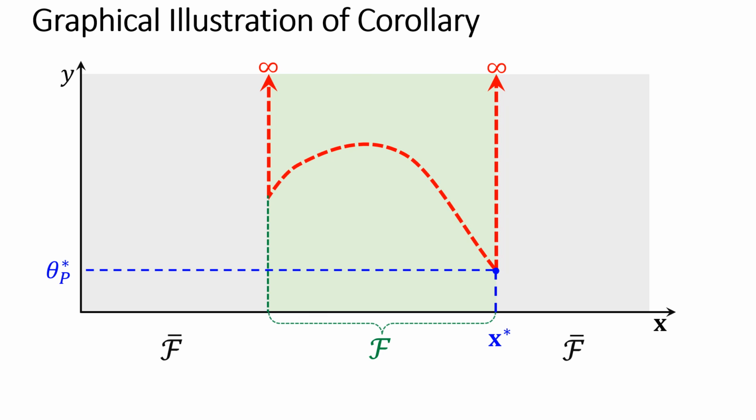This is the graphical illustration of the previous corollary. So instead of minimizing under the constraints the original function f of x, if we simply minimize the primal function theta p of x, then the minimum will be equal to the minimum of the constraint optimization problem, x star.